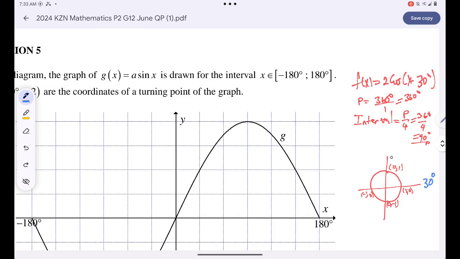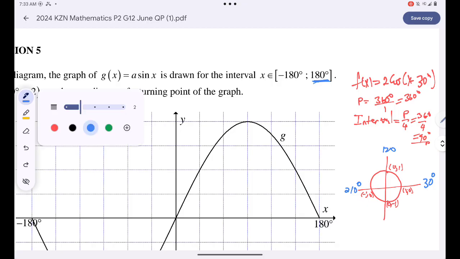To find the other points, I just keep adding my interval. So 30 plus 90, I simply get 120. Then 120 plus 90 gives me 210 degrees. But I don't have to go further because I'm restricted at 180 degrees.